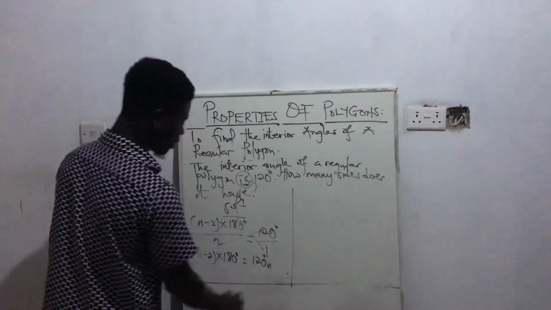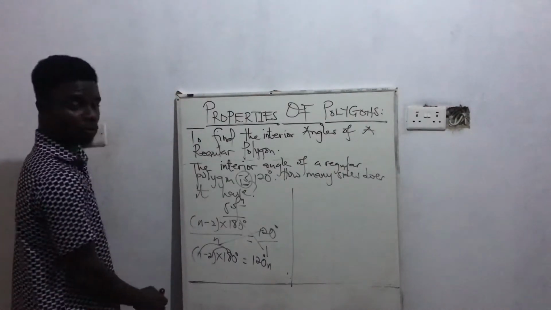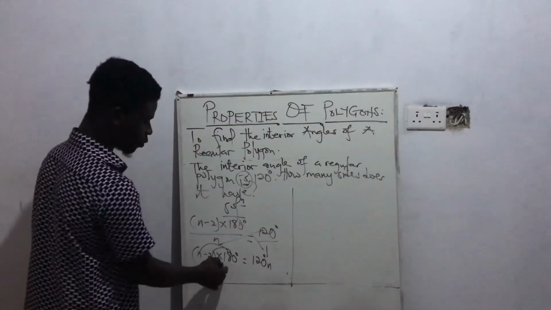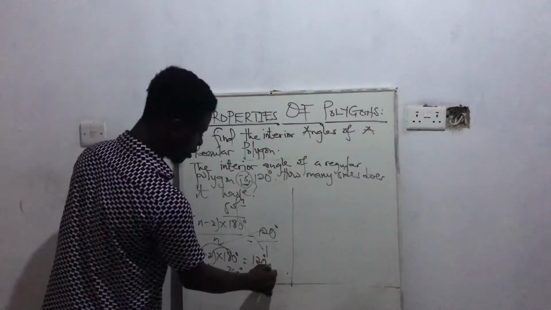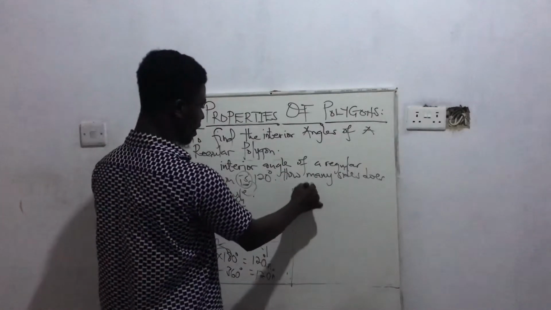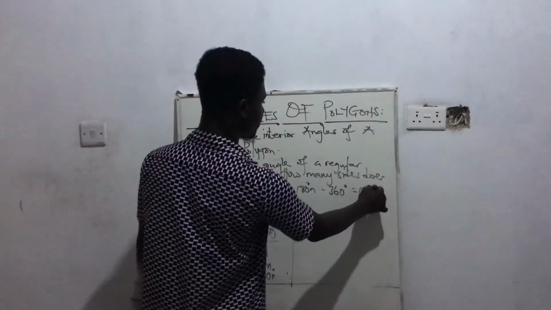So now here we know that 180 degrees will multiply n, which is 180 degrees n, minus 180 degrees times 2, I'll get 360 degrees, equals 120 degrees n. So I have 180 degrees n minus 360 degrees equals 120 degrees n.